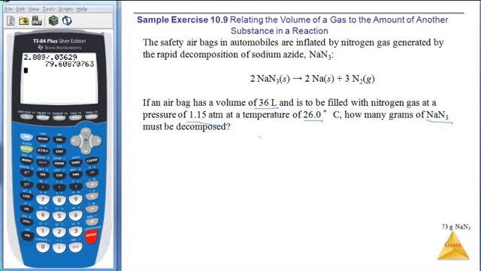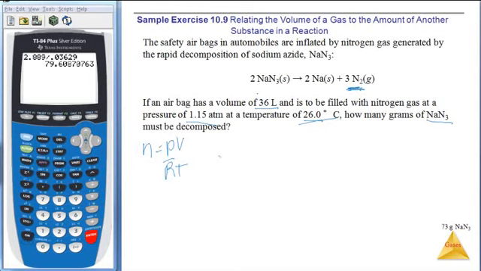Okay, so this is a stoich problem, and it's a PV equals nRT problem. So I first have to figure out how many moles of this I have. And once I know how many moles of this I have, I can use stoich to figure out how much of this I need.